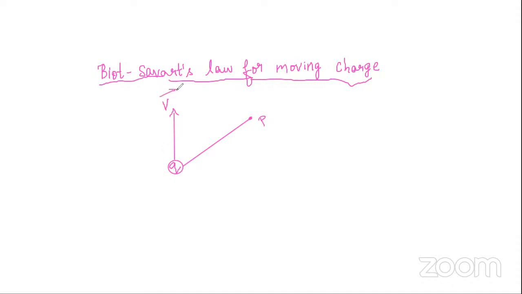So this velocity is vector V. The angle between these two lines is theta.